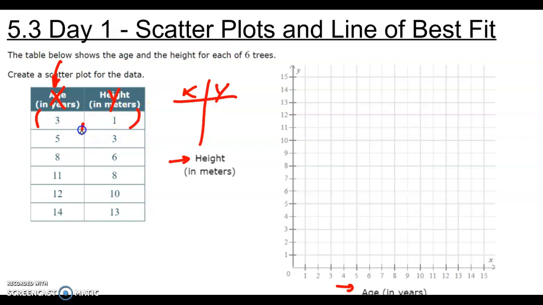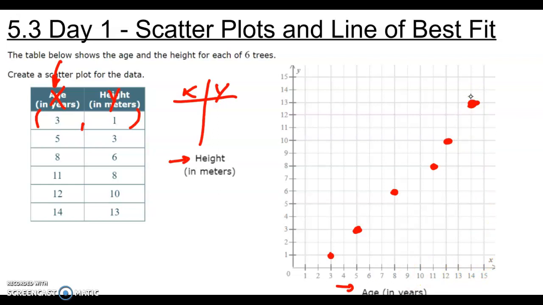So 3, 1 is your first point. What you're doing on these first couple problems on Alex is you are just plotting these points. I did 5, 3, there's 8, 6, then 11, 8, 12, 10, and 14, 13, right about there.